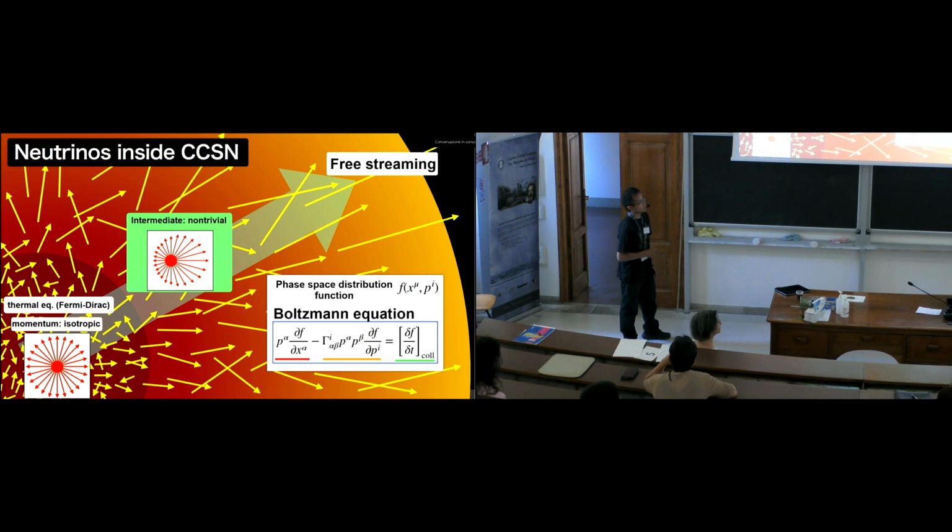On the outside, the neutrinos are free streaming. So the intermediate region has neutrinos with a non-trivial momentum space distribution. Ideally, in a classical sense, without considering flavor conversion, the best way is to solve the Boltzmann equation for the phase space distribution function. This contains the spatial variables and momentum space variables.